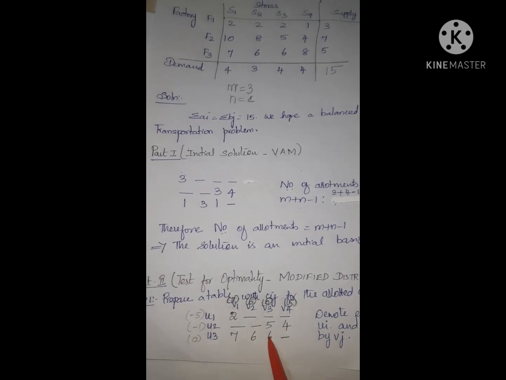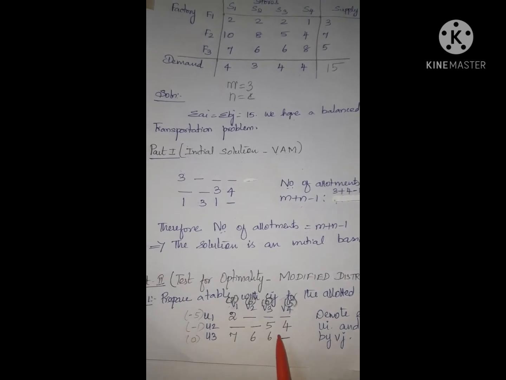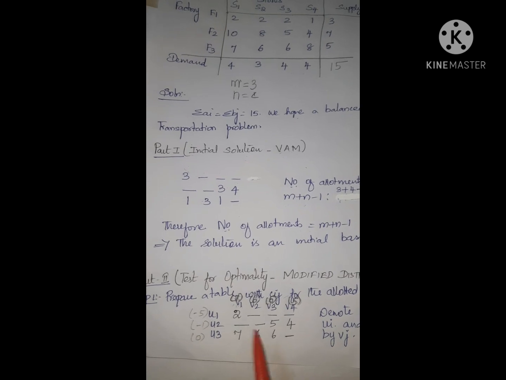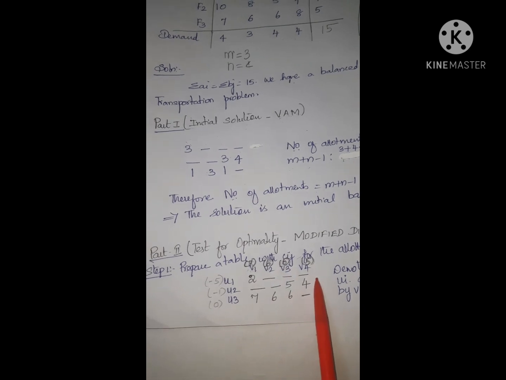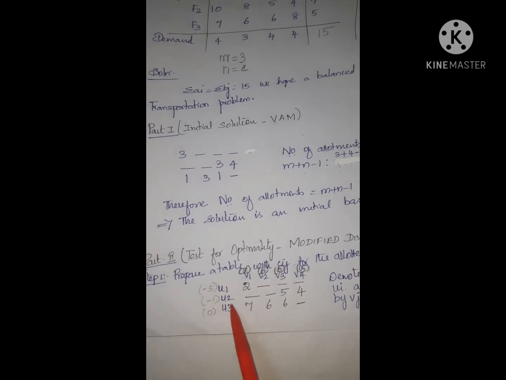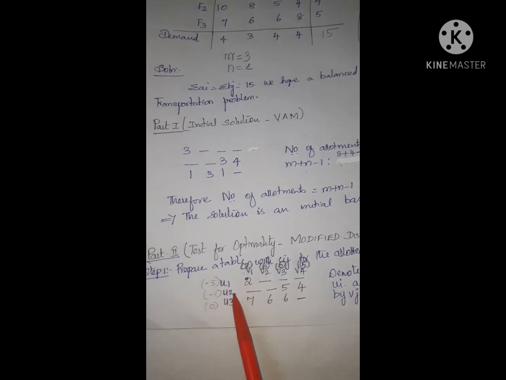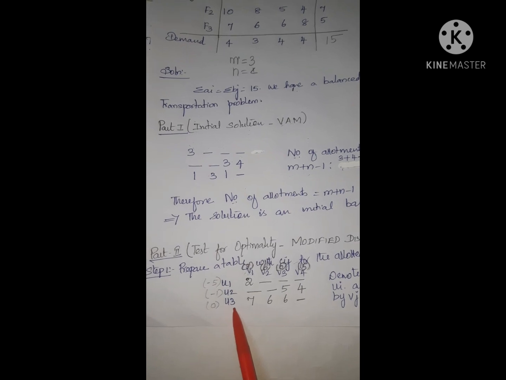After that, we denote every row of this new table in terms of U and every column in terms of V. Because we have 3 rows, we call the first row U1, second row U2, third row U3.